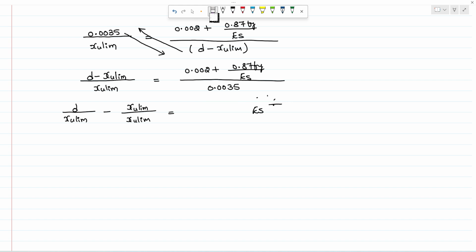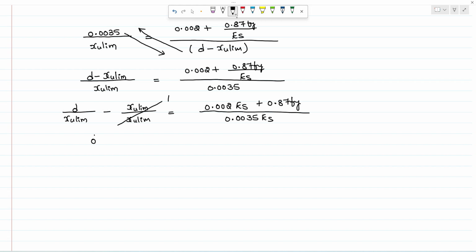This can also be written as 0.002 ES plus 0.87 Fy divided by 0.0035 ES. Here XU limit divided by XU limit will be 1.